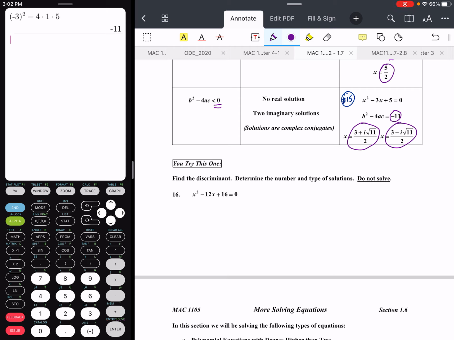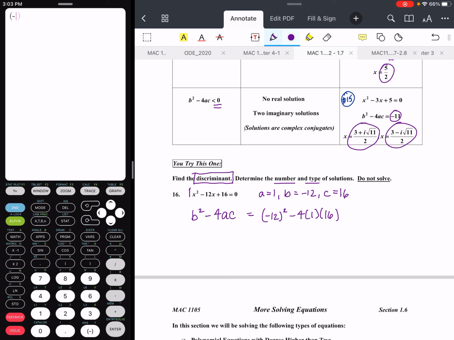All right, so for number 16, all it's asking us to do is find the discriminant, right? That's all it says in the instructions. Find the discriminant and then determine the number and type of solutions. So all it's asking me to do first is to find b squared minus 4ac. So because a is 1, b is negative 12, and c is positive 16, b squared minus 4ac would equal negative 12 in parentheses squared minus 4 times 1 times 16.